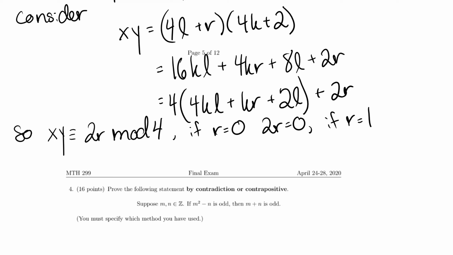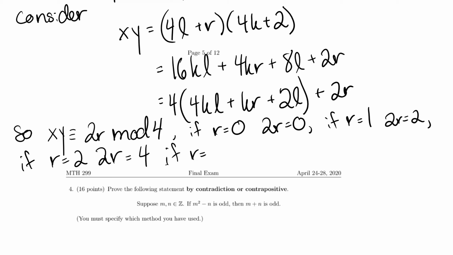If R equals 1, 2R equals 2. If R equals 2, 2R equals 4. If R equals 3, 2R equals 6.